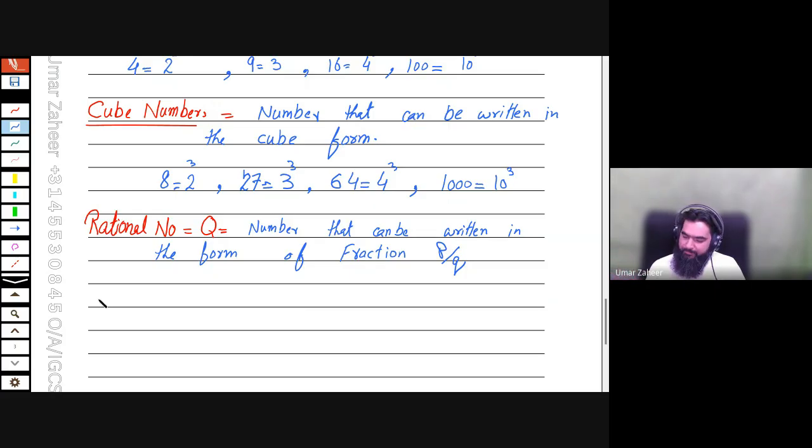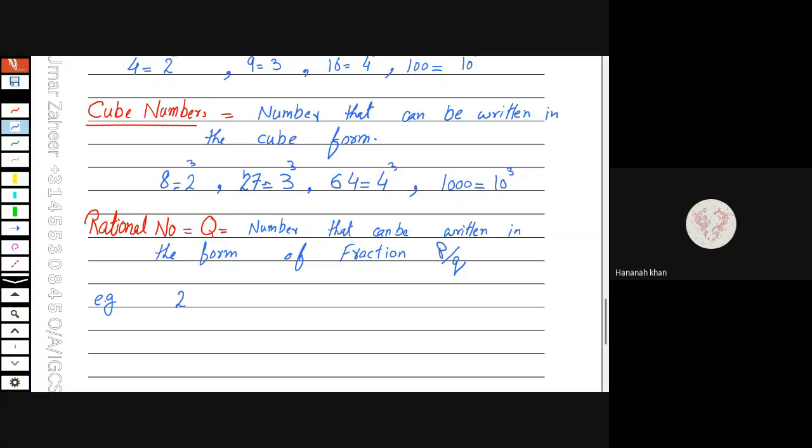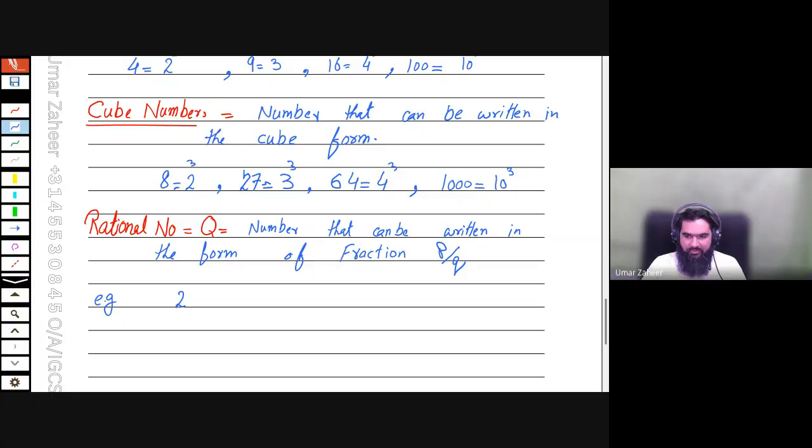For example, if I say you have 2, anyone, is 2 a rational number? Please raise the hand. Yes, Hanana. I did not get you. You say yes or no?